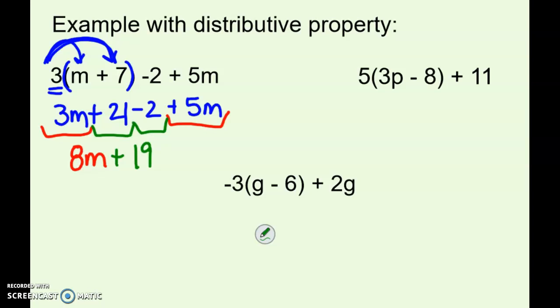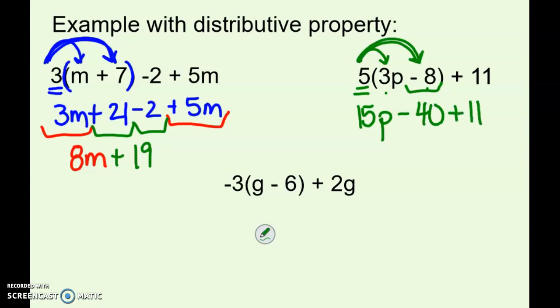Okay, let's do another one. I like to draw the arrows in, so I make sure I multiply that 5 times everything inside the parentheses. Okay, so 5 times 3p, 15p. 5 times negative 8 is negative 40. And then plus 11.